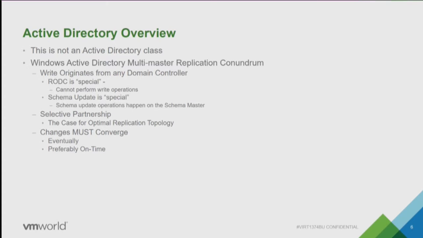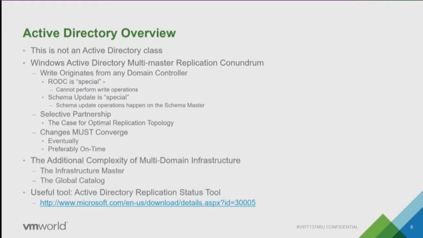The objective is that when a write or delete operation happens on a domain controller, that change has to get to another domain controller in the environment. Hopefully you have more than one. How it gets there is a bit too deep for us here. It must get there is what we are going to focus on. Replication must converge eventually, preferably on time, but it should converge.